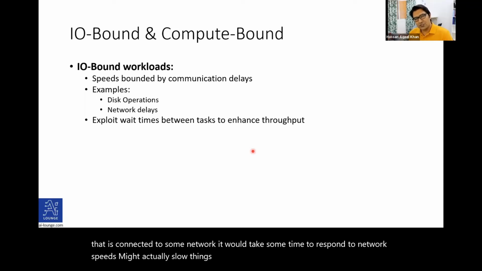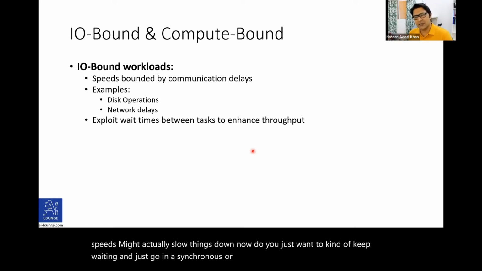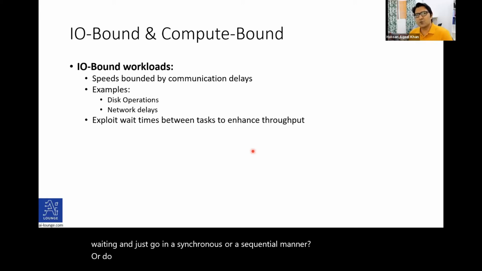Now, do you just want to keep waiting and go in a synchronous or sequential manner? Or do you want to squeeze in some other task and utilize this free time a little bit more efficiently, right?